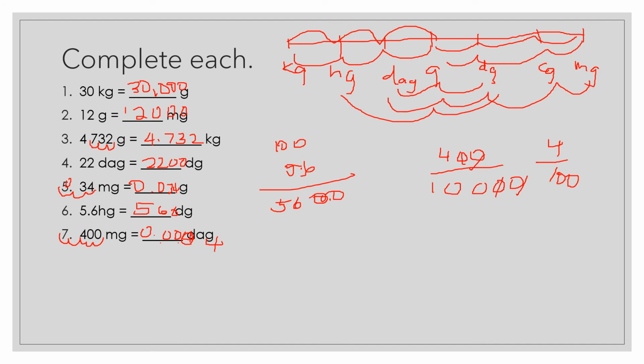So, if we are going to divide 4 by 100, that's about 400. Okay, wait, let's check the calculator. Okay, so I checked already the calculator. So tama din yung solution natin.